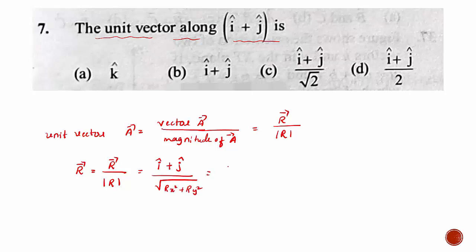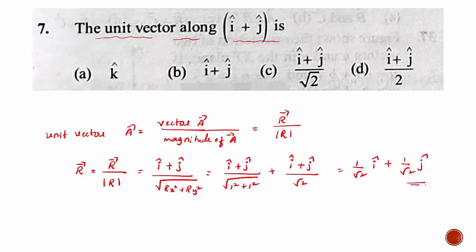So we can write i cap plus j cap divided by root of 1 square plus 1 square, or i cap plus j cap divided by root 2, or 1 by root 2 i cap plus 1 by root 2 j cap. So this is the value of the unit vector along i cap plus j cap. So i plus j divided by root 2 means option C is the right answer.